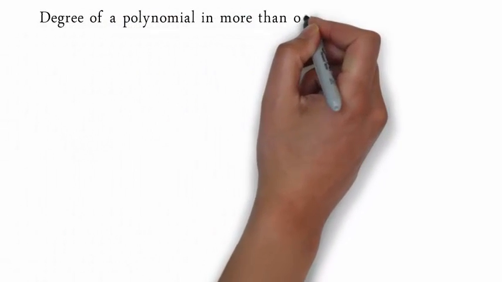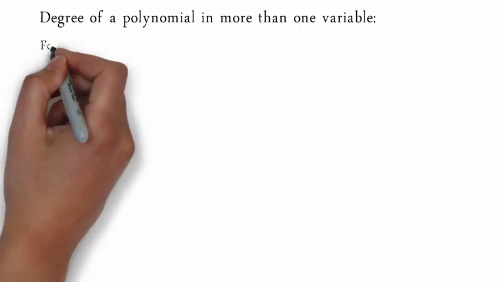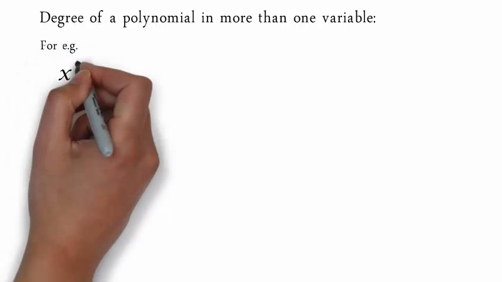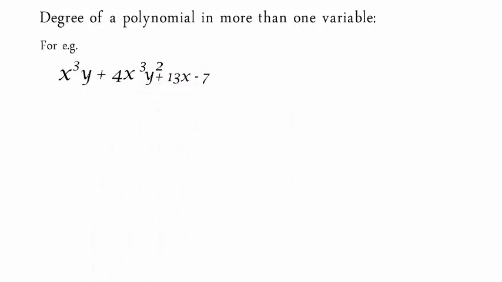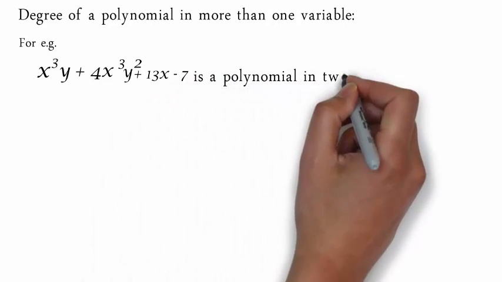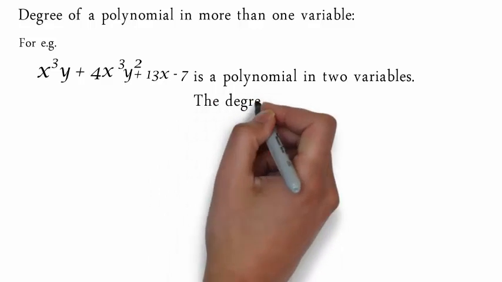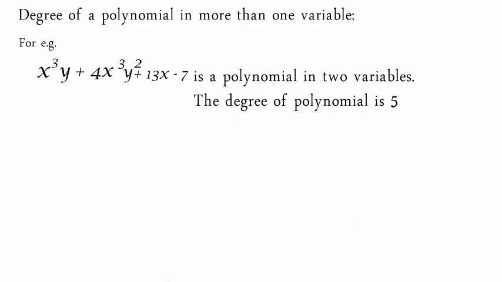If a polynomial has more than one variable, the sum of the powers of the variables in each term is taken and the highest sum so obtained is the degree of the polynomial. For example, x³y plus 4x³y² plus 13x minus 7 is a polynomial in two variables. The degree of the polynomial is 5.